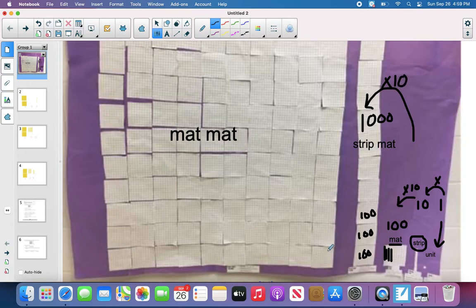Okay, now we're going to take each of those strip mats. So this is 1,000 right here, right? And then we have another strip mat, and that's 1,000. Guess what? They keep going. So 1,000, 2,000, 3,000, 4,000, 5,000, 6,000, 7,000, 8,000. Okay? And if you guess 10,000, you're correct.